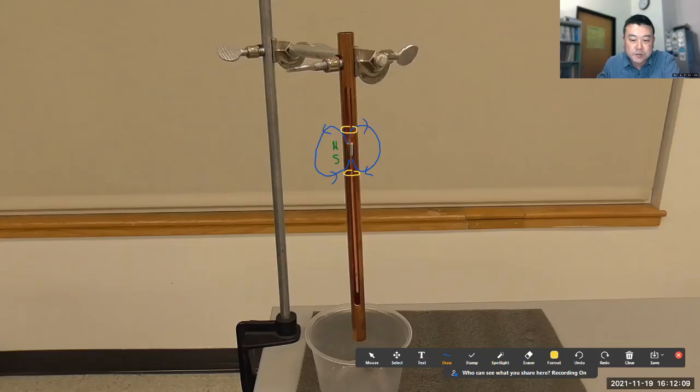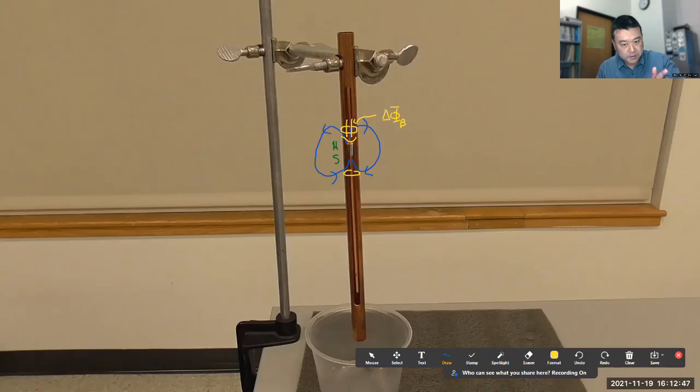As this magnet falls down, the magnetic flux through this loop is changing. So you have magnetic flux that's poking upward, and as this magnet slides down and moves away, it's decreasing in strength. So the change in flux is happening in the downward direction. This would be the change in magnetic flux.